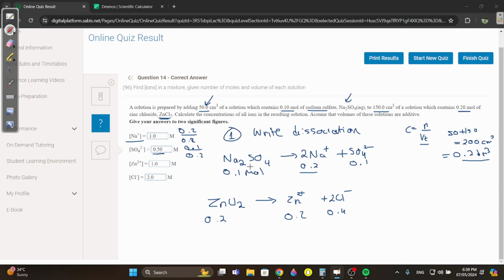Then Zn2 plus, it's 0.2 over total volume 0.2, and you get 1. Then Cl minus, the moles of Cl minus 0.4 over the total volume 0.2, and you get 2.0. Again, two significant figures. I think that's it. Yeah, that's it.